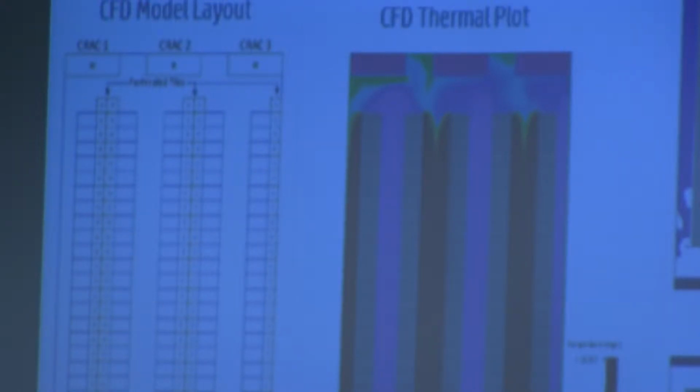In a conventional data center, you have perforated tiles, right? When people do CFD analysis, you will generate these temperature plots. This will be your cold aisle, so I should expect cold air, and then at the rear of the racks we have the exhaust of the servers, so you have hot air.